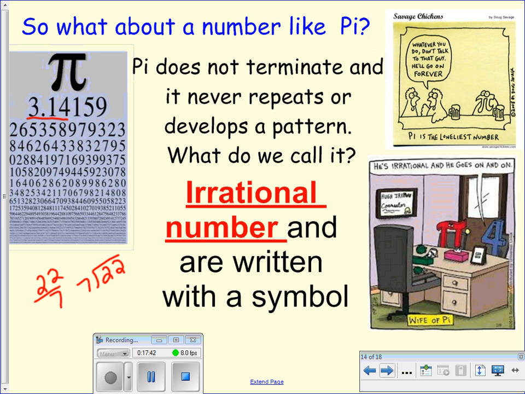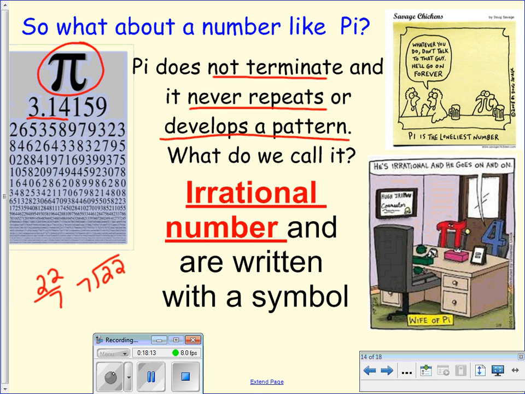The long division would go on forever. It would not terminate. It would never repeat. It would never develop a pattern. So because that goes on and on, it's called an irrational number. And all irrational numbers are written with a symbol. So that's why we use that symbol for pi.